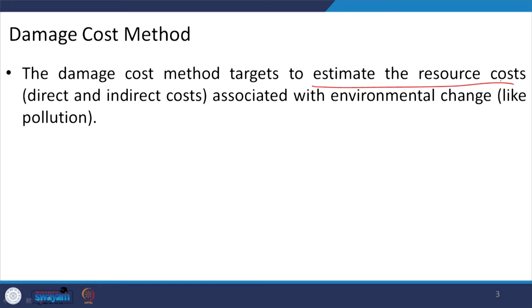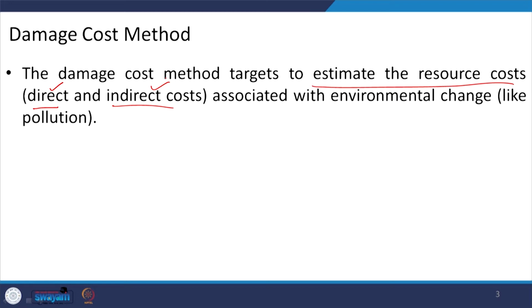Because of the costs occurring to the resources in case of some environmental changes, let us say an environmental bad like pollution. Here we are estimating the direct resource cost as well as the indirect resource cost, and combined this represents what is known as the damage cost.